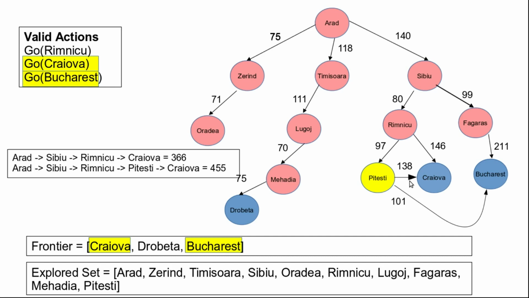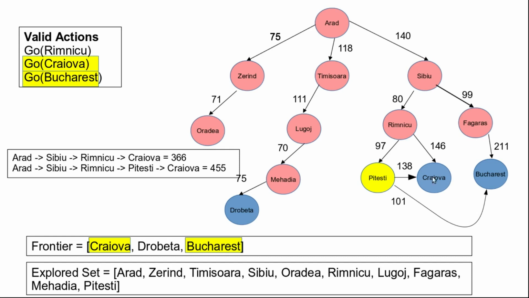If we consider Craiova first, we have two paths from the start node Arad. The first path is Arad to Sibiu, then to Râmnicu, then to Craiova. And the other path is Arad to Sibiu, then Râmnicu, then Pitești, and then Craiova.